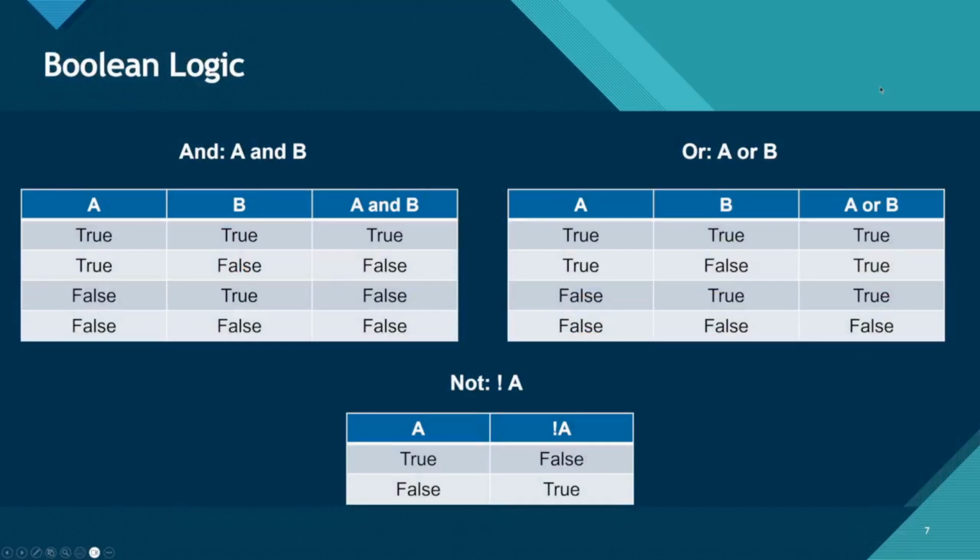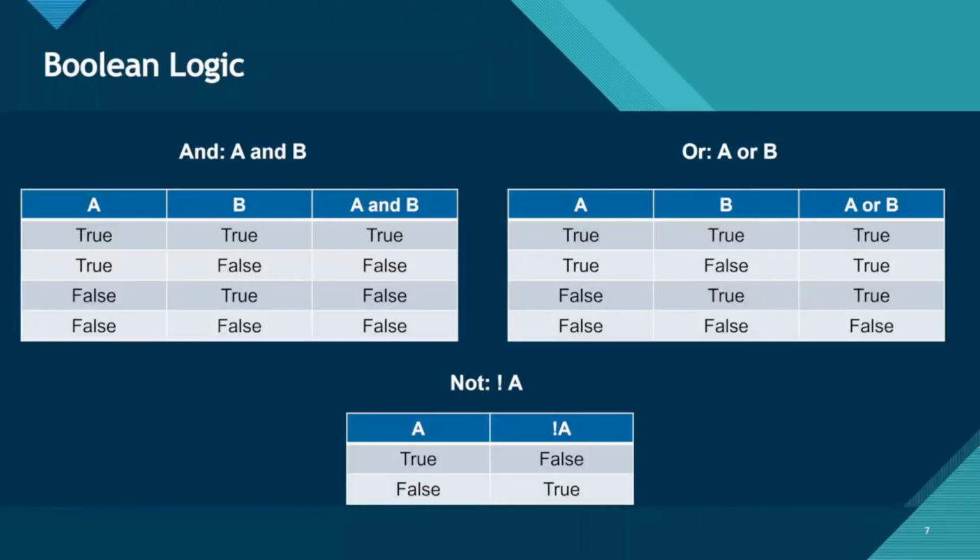So Boolean logic is what we use to evaluate the condition. Often we might just have if this variable, and the variable either has a value of true or false. But a lot of times we'll do more complicated things, like if x is greater than y, or if a is equal to b.